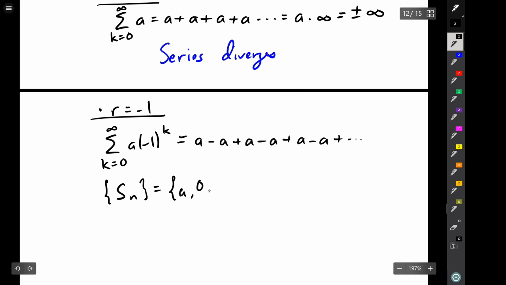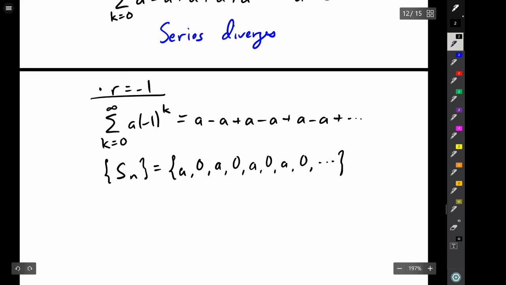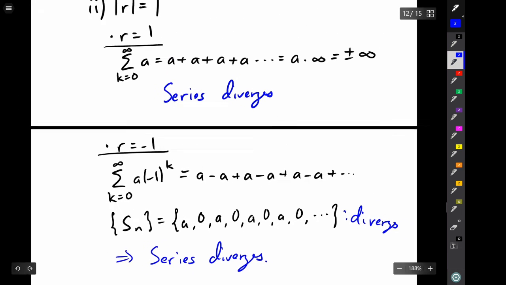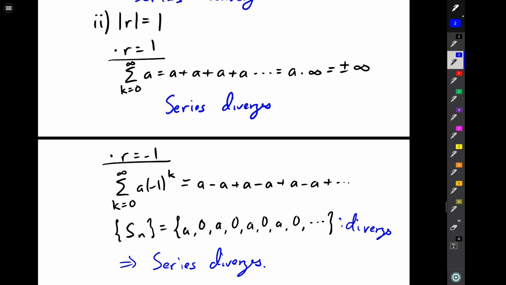If I add in the third one, I get a again. If I add in the fourth one, I get 0. And you can see this is just going to bounce back and forth between a and 0 forever. And that sequence diverges. So this here, this diverges. And so the series diverges here as well. Right? So if the absolute value of the ratio is 1, then we diverge.